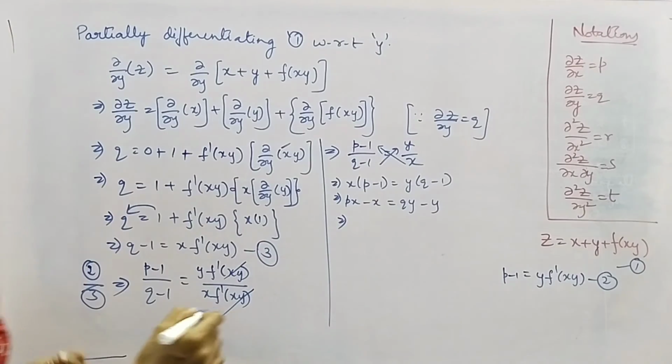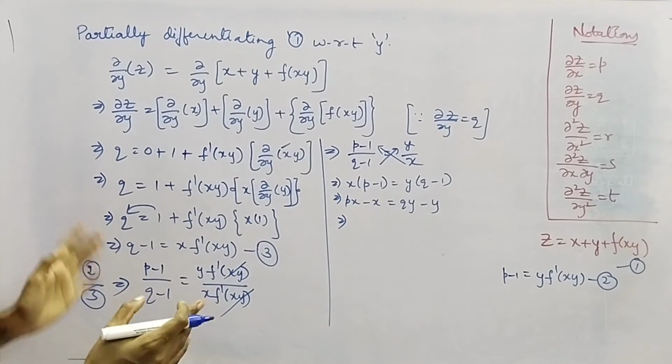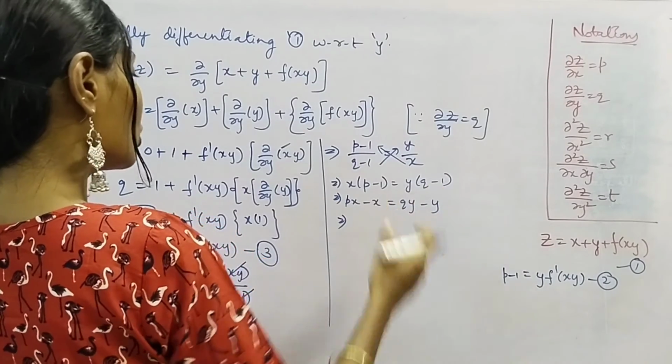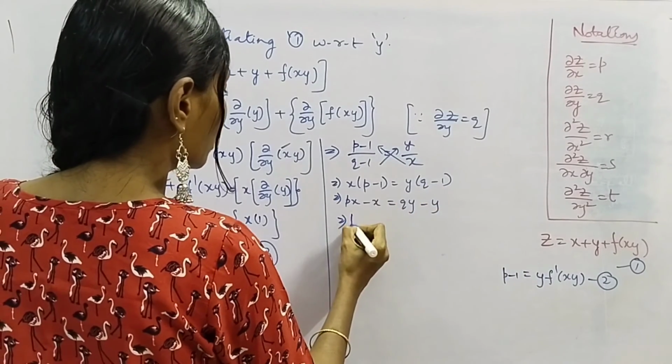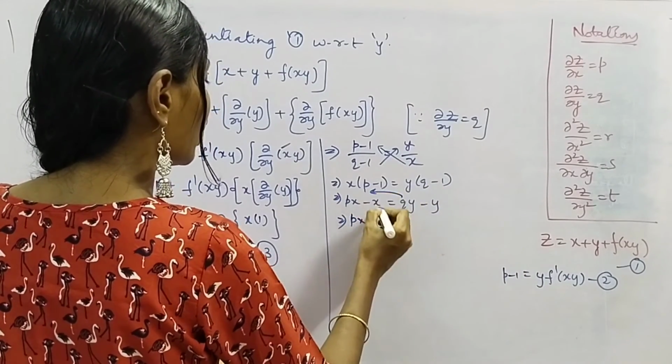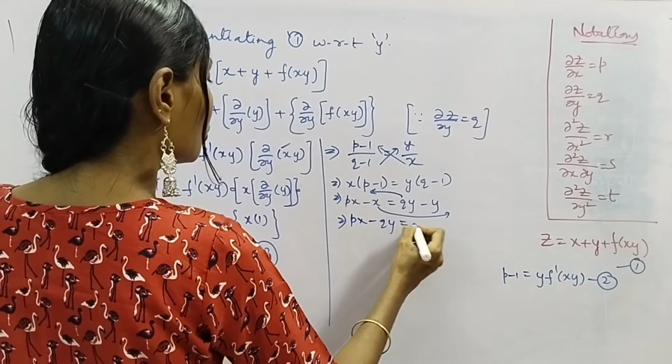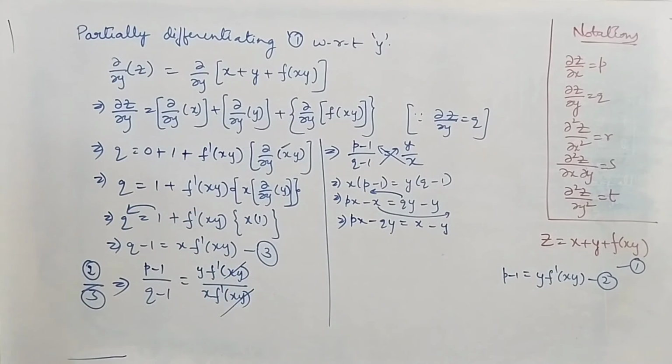Now write the terms involving p and q on the LHS, and write the terms that do not involve p and q on the RHS. So you'll get px, just bring this here and take this to the RHS, you'll get px minus qy equal to x minus y. This is the required partial differential equation.